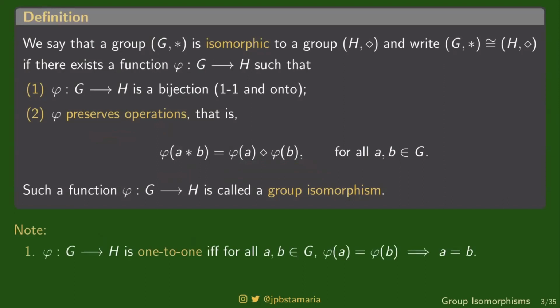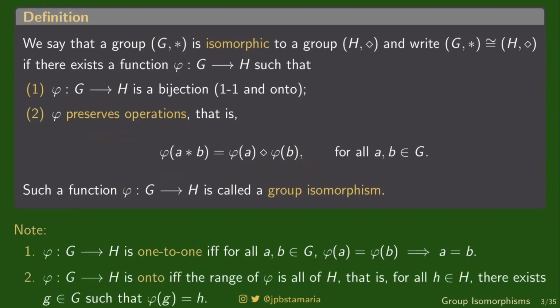Again, to recall, ang ibig sabihin natin ng one-to-one, para lang maintindihan nyo, kailangan kapag ang phi of A equals phi of B, dapat nagko-follow na si A ay equal to B. Pag sinabi naman natin onto, yung range ng function mo is all of H. Diba? Remember, the range can be smaller than H. Hindi lahat kasi ng H ay nagagamit necessarily.